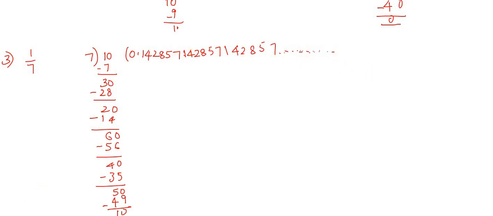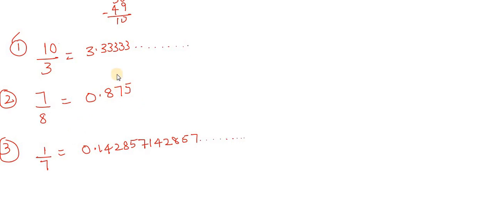Okay, now tell me, what is the difference you saw in these three examples? Here take 3.33333, it is not terminating. Terminating in the sense it will stop. If you do the division 1000 times, you will get the same answer. And here, after certain steps, it will terminate. And here it is not terminating, but it is repeating.